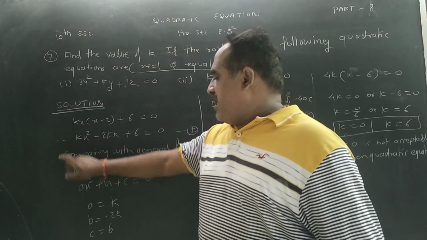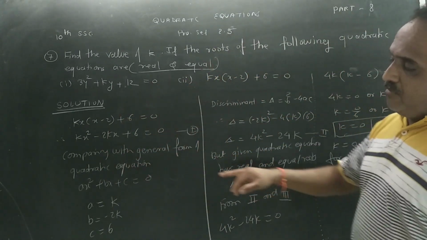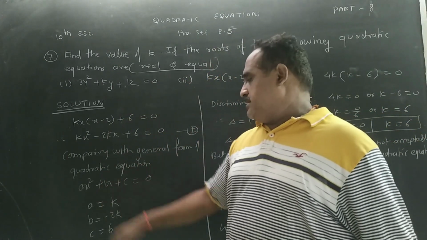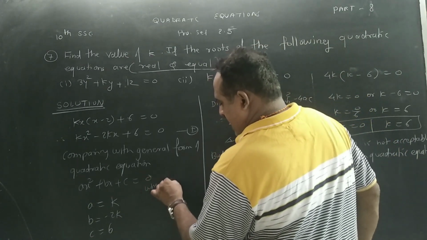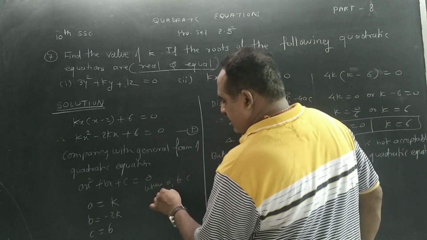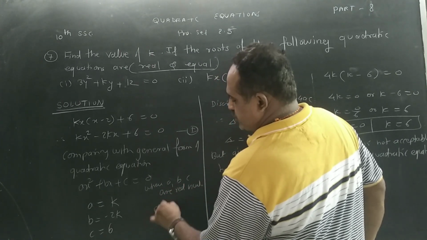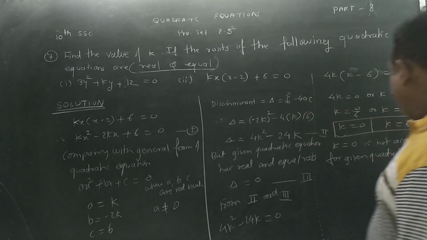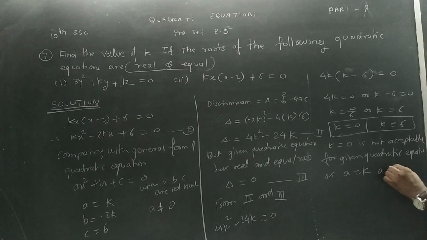Here, value of a is what? k. And at the starting of the question, when I gave this quadratic equation, we wrote the general form where a, b, c are real numbers and a should not be equal to 0. If k becomes 0, then a is equal to k, and a cannot be 0.